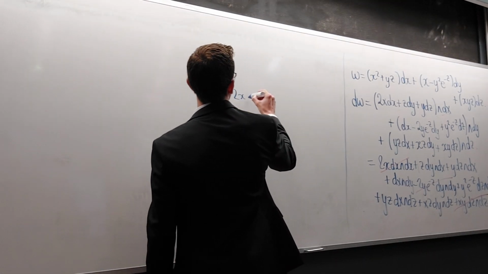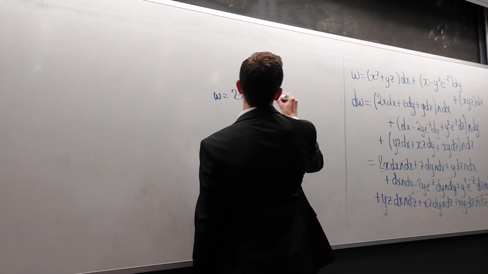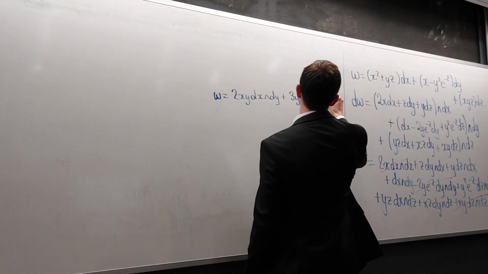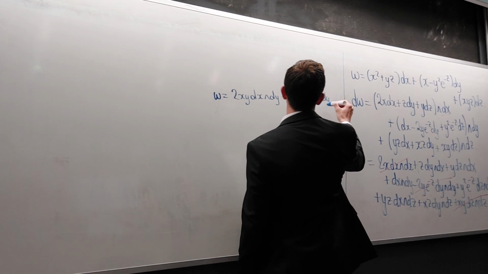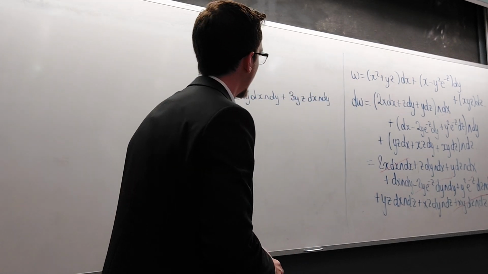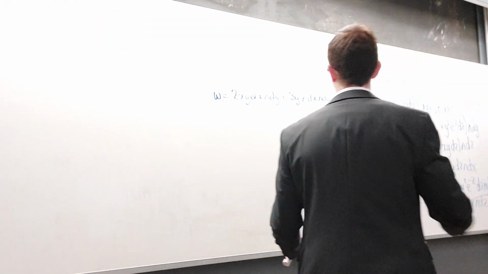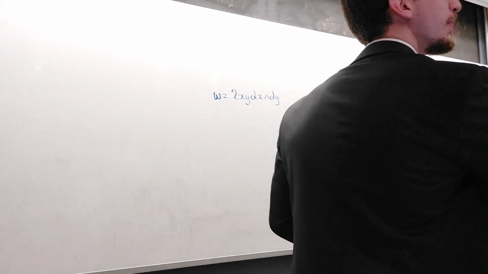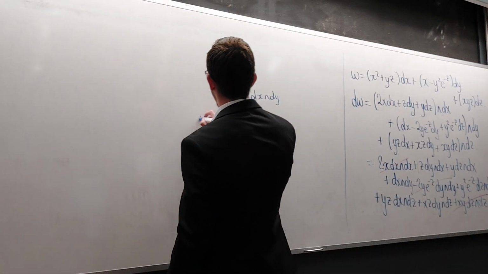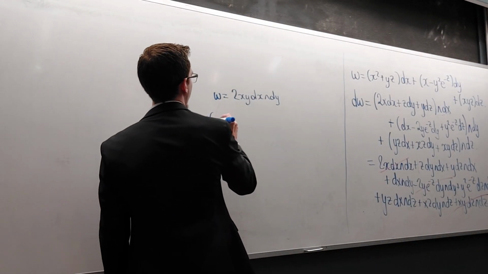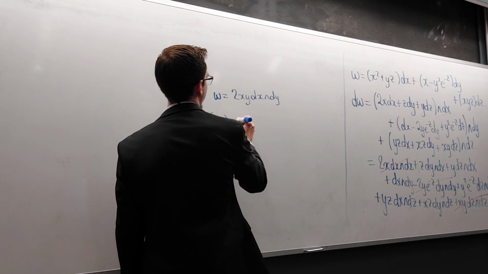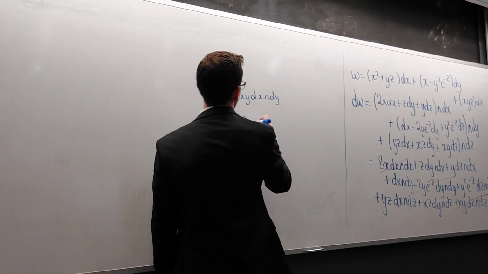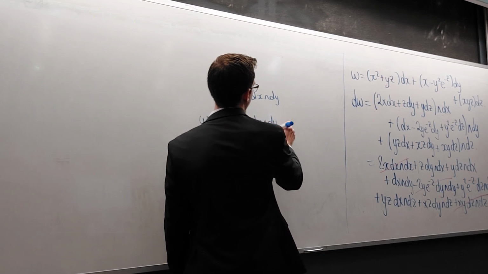If we just had something like this, let's go even simpler than that because that's a parallel particle. So let's stick to this. This is a 2 form. Now let's evaluate it at 1, 1. Then what I see is I have 2 dx wedge dy.